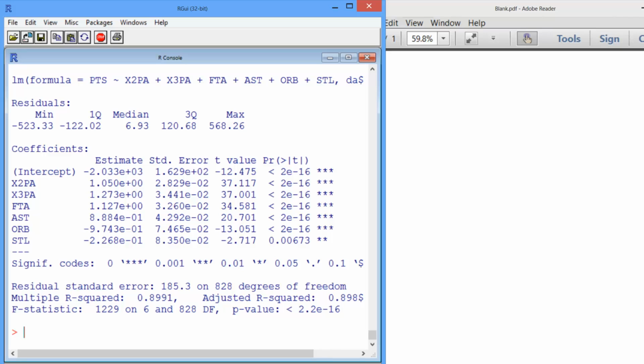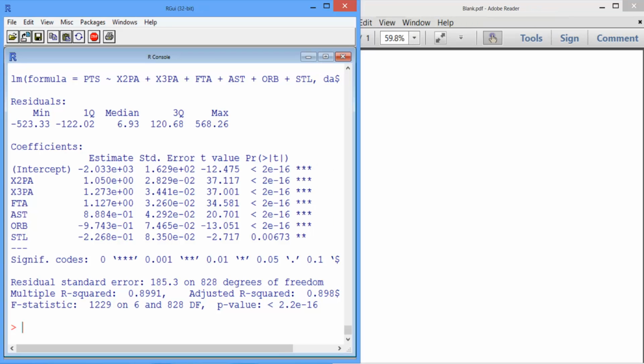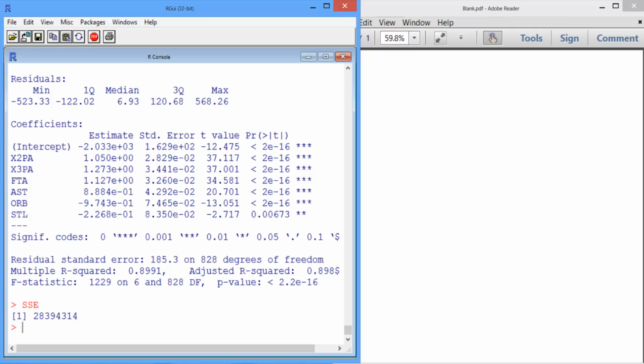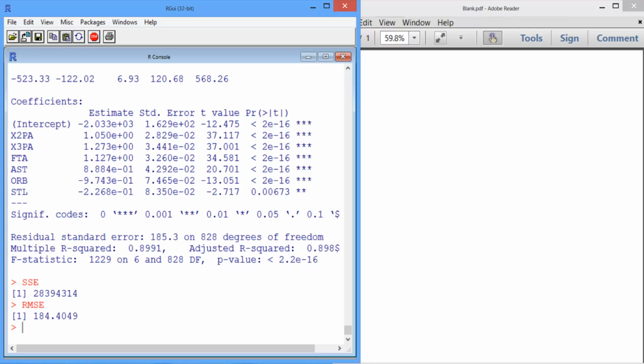Let's take a look at the sum of squared errors and the root mean squared error again, just to make sure we didn't inflate those too much by removing those variables. So remember that the sum of squared errors that we had in the original model was this giant number, 28,394,314. And the root mean squared error, the much more interpretable number, was 184.4. So let's calculate the sum of squared errors of this new model, points-reg 4.